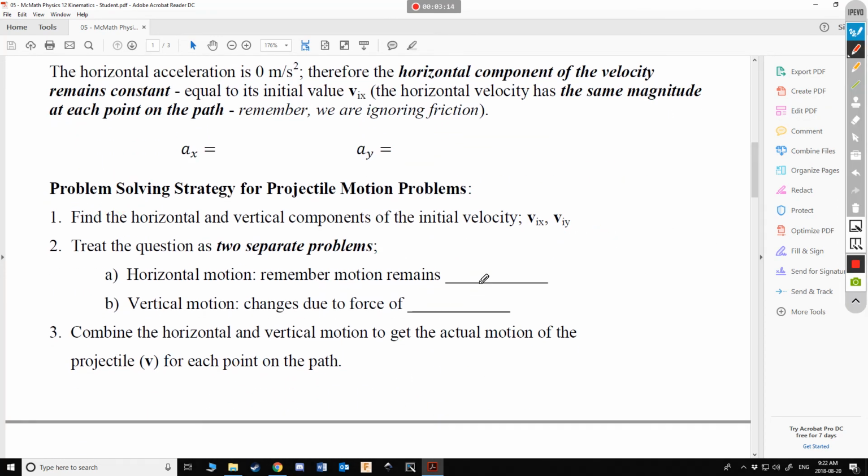And the key idea to remember is that because of what we just said above, that in the x direction, 0 meters per second squared, the acceleration, that means in the horizontal direction, horizontal motion, the motion is constant. In the y direction, because we have that 9.81 meters per second squared in the downwards direction, we know that vertical motion, the motion will change due to the force of gravity.